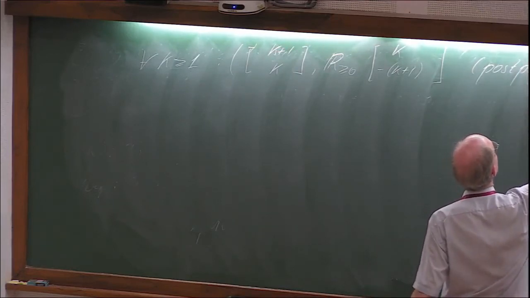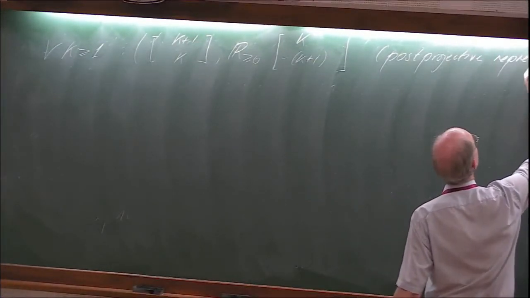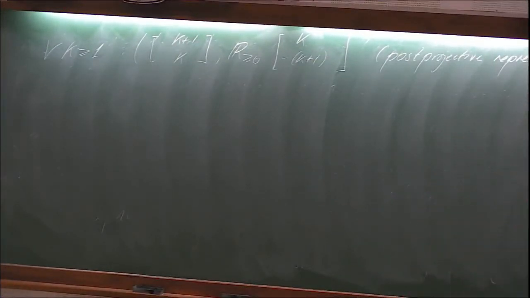Post-projective representations are those which in the Auslander-Reiten quiver come right after the projective representations.